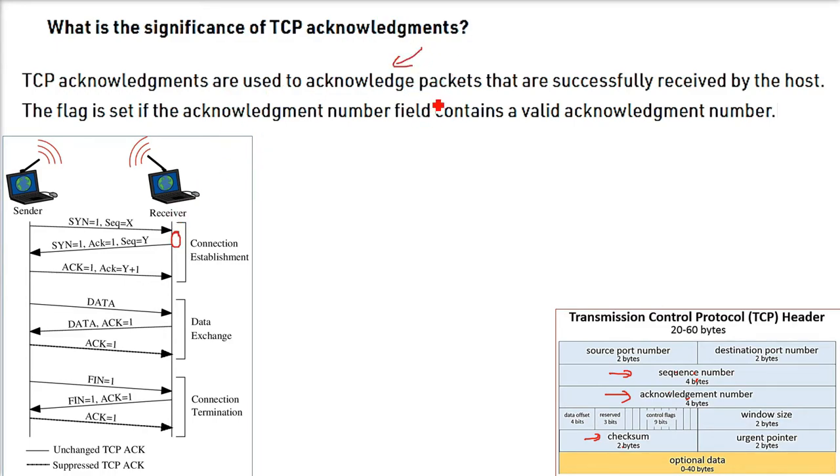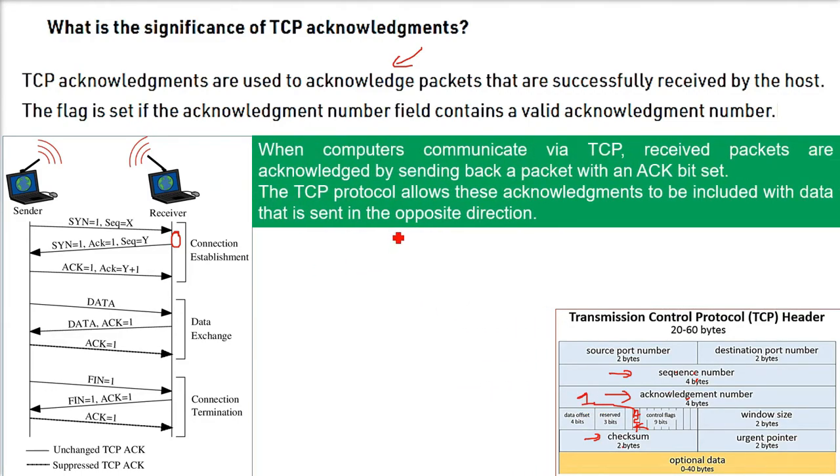You see here in the header, there is a flag called the ACK flag. And this flag is set if the acknowledgement number field contains a valid acknowledgement number. So TCP acknowledgement is all about that something has been acknowledged.